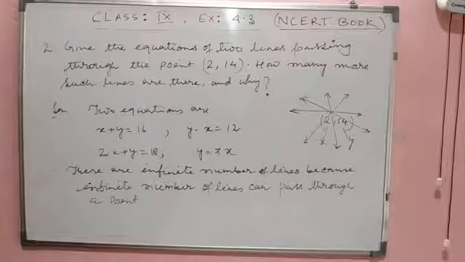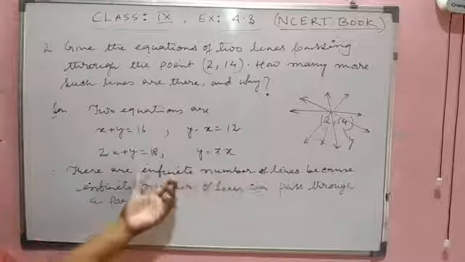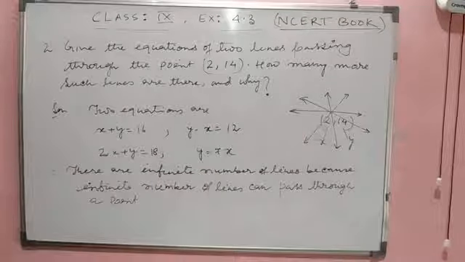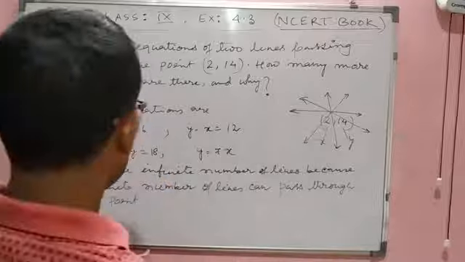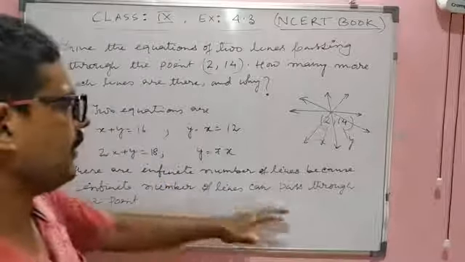That means there are many lines. An infinite number of lines means there are many lines, because an infinite number of lines can pass through a point.